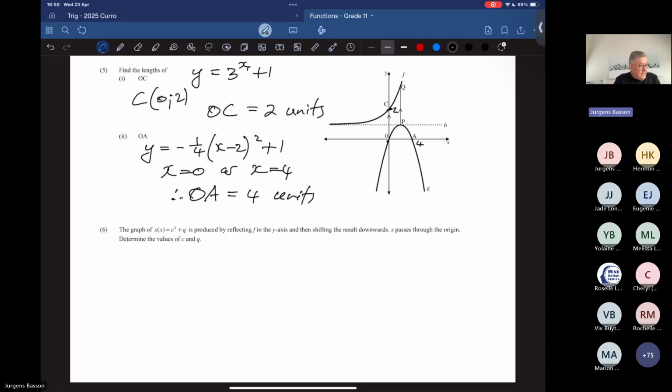Let's just quickly look at number 6, because I still need some time on the nature of roots before we finish.